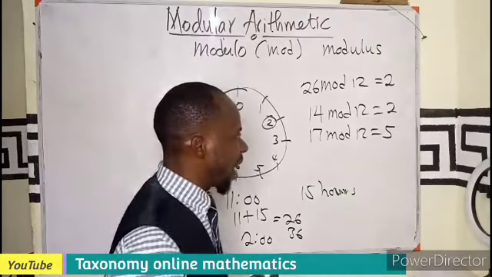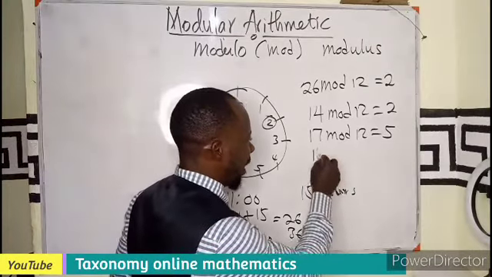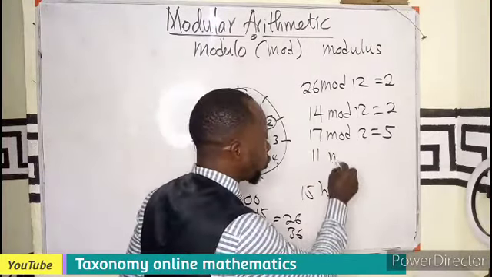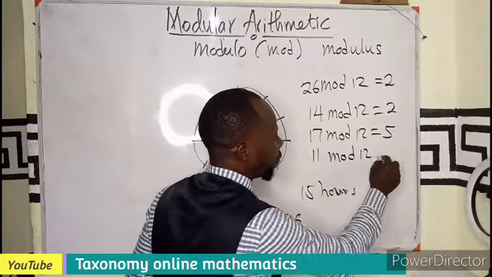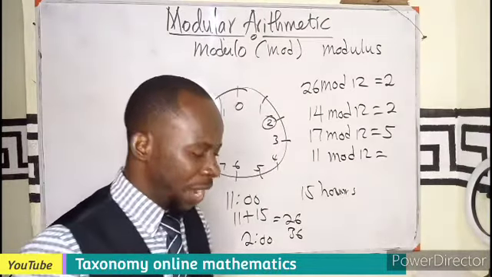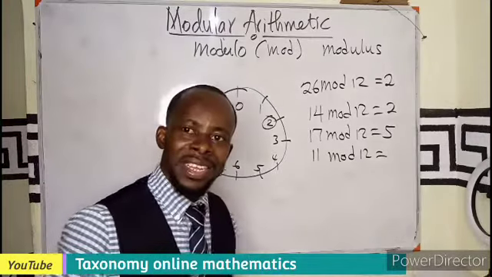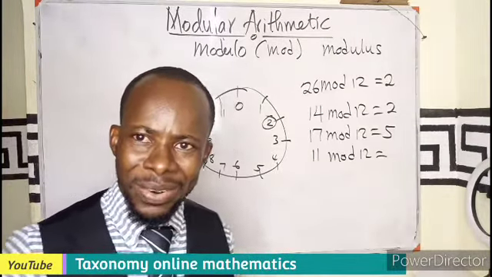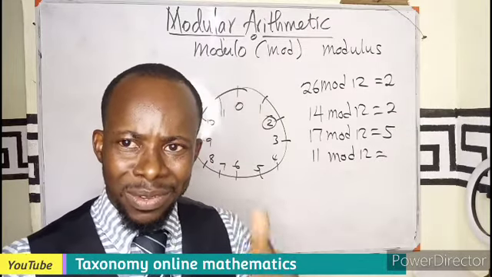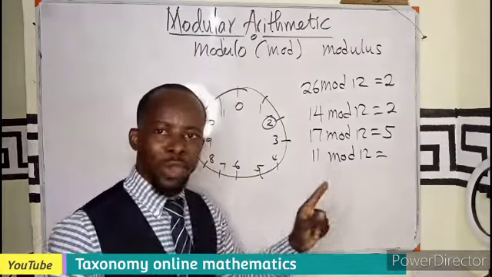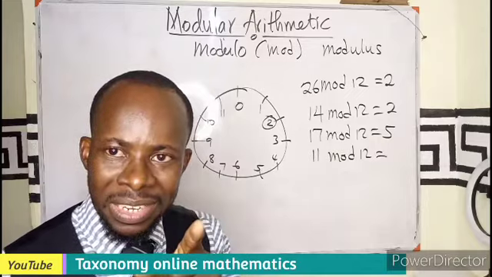Let me see if I give a number, 11 mod 12. What can you give me? Are you thinking of an answer? Did you get something? 11 mod 12. Right, good. I'm sure you get the answer to be 11.